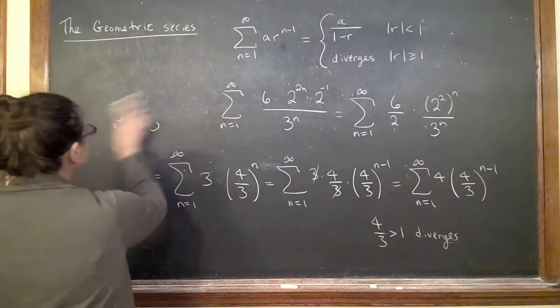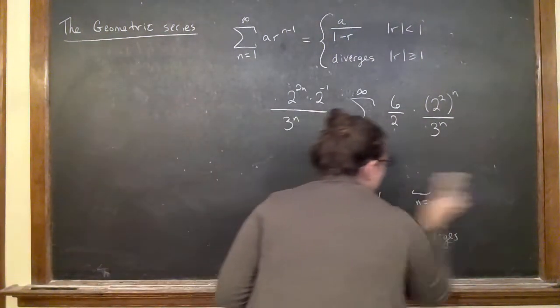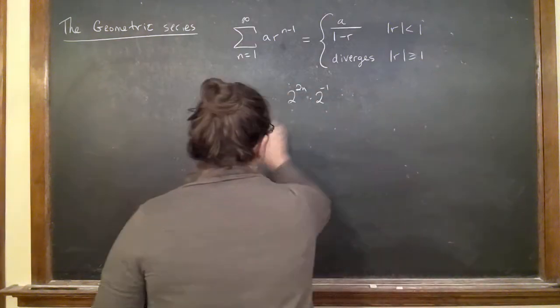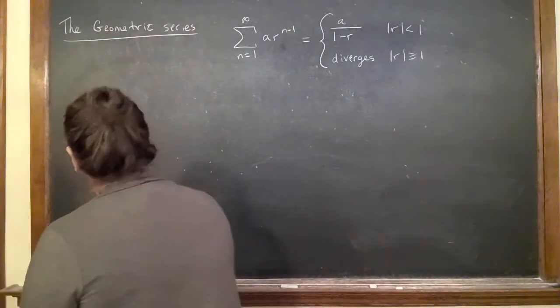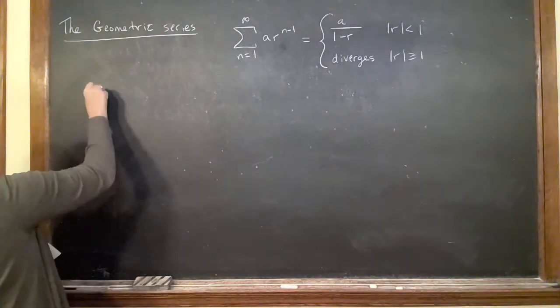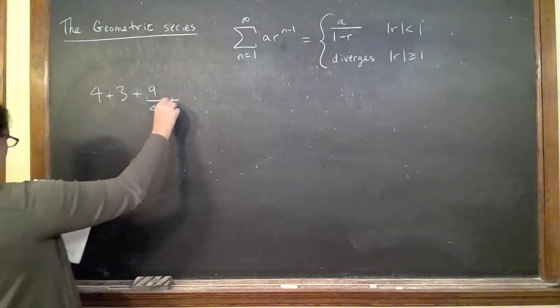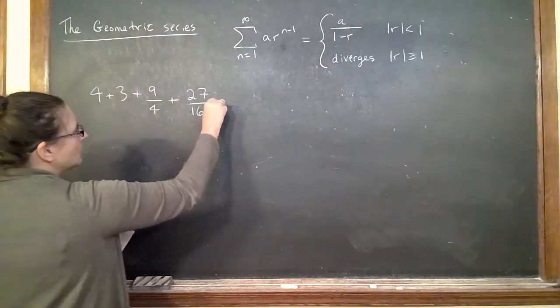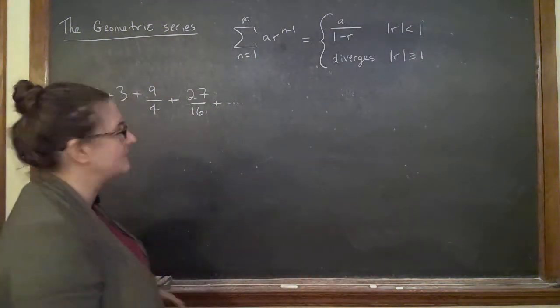Let me give you another one. Sometimes, rather than giving you a formula, they'll give you a string of numbers. This is one of the examples from the book as well, at the end of the chapter.